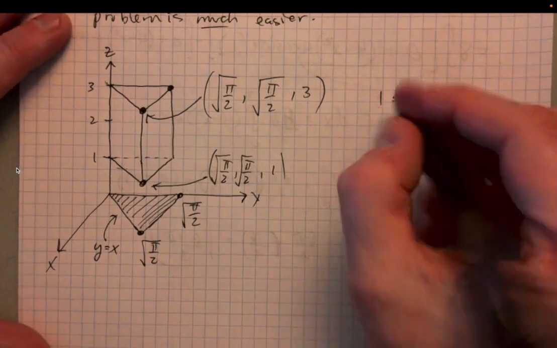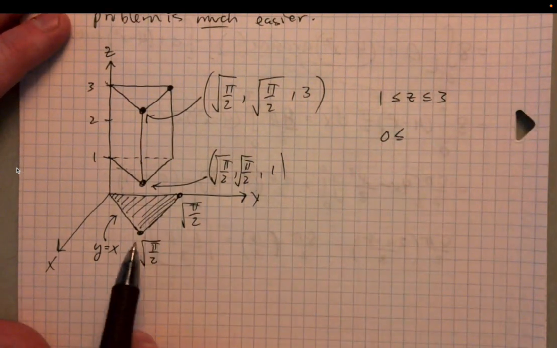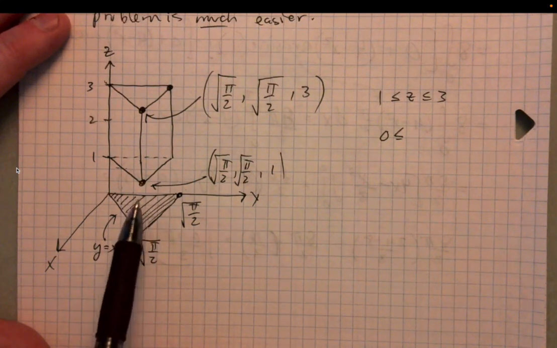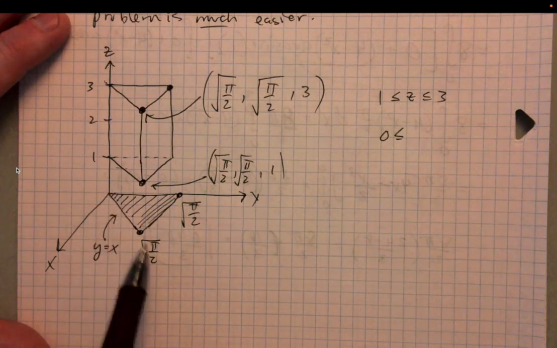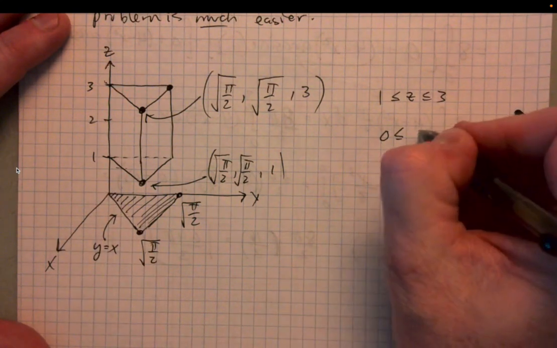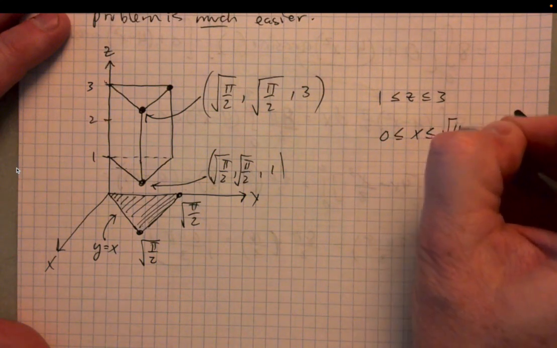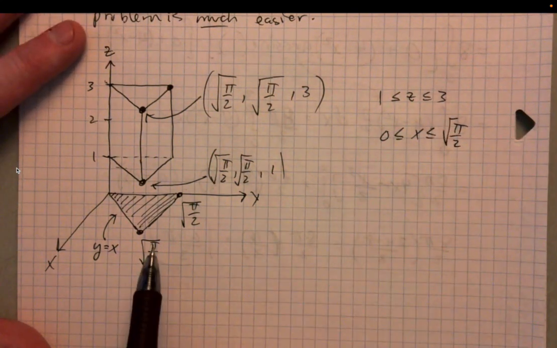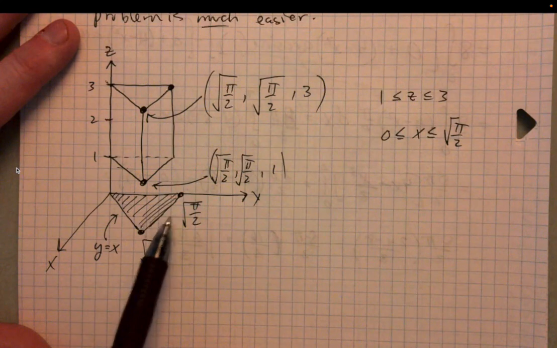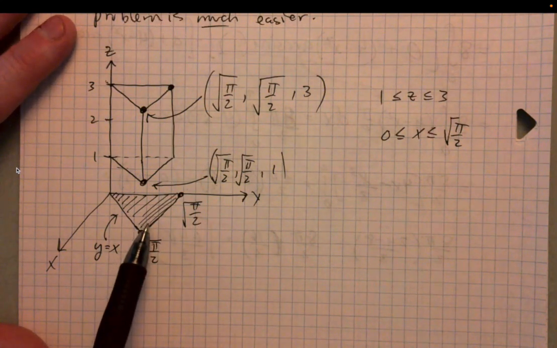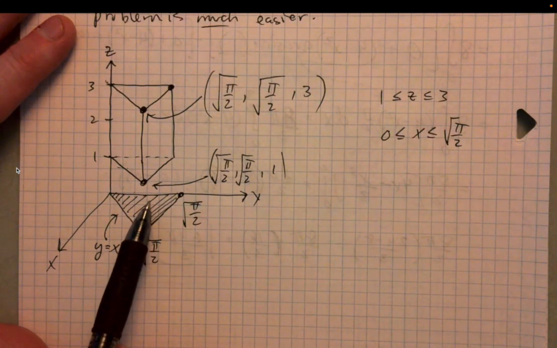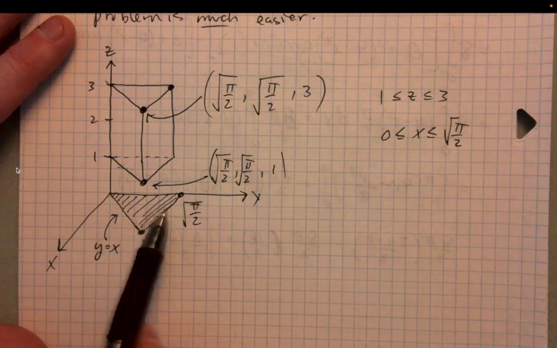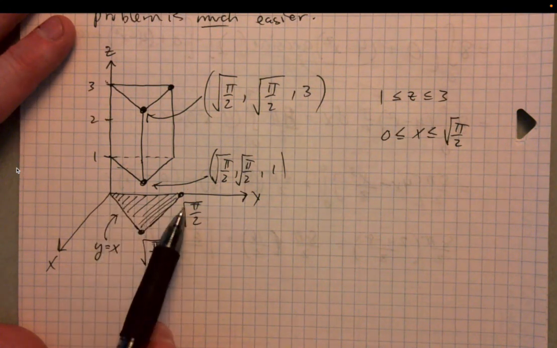What about x? Well, x is going to vary from x equals 0, and it's going to come out to this point, square root of pi over 2. And then what about y? Sorry, y is going to go in this direction, from down here to up here.